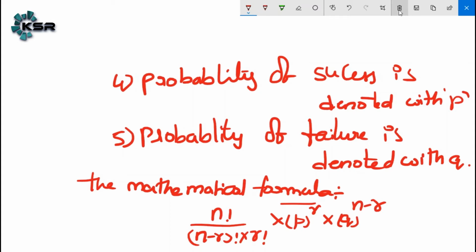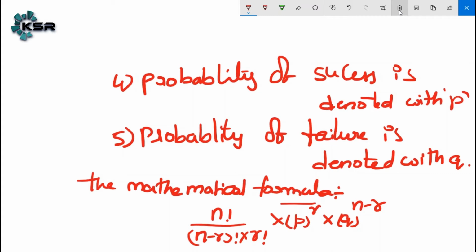N means total number of trials, r means how many events you want to perform. P is the probability of success, q is the probability of failure.